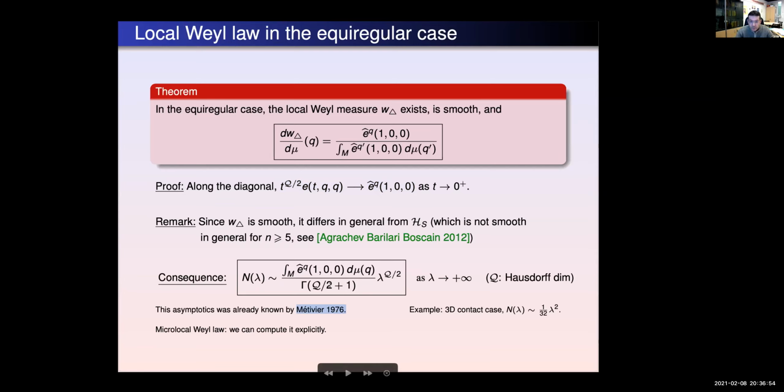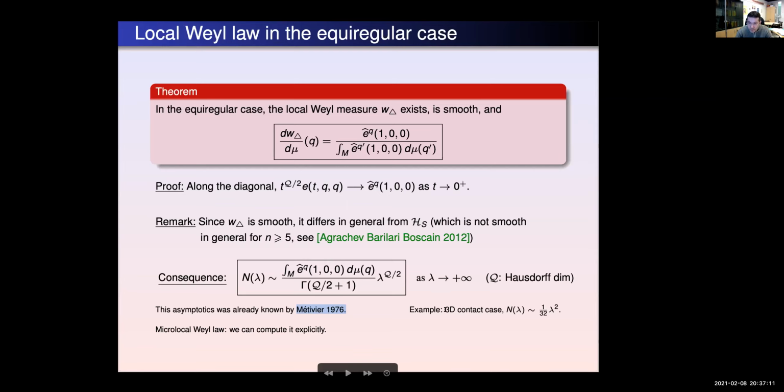Here, we improve the result by Métivier by giving the expression for the constant and a geometric interpretation, because it is exactly given in terms of the nilpotentization, which is the tangent space in some sense.